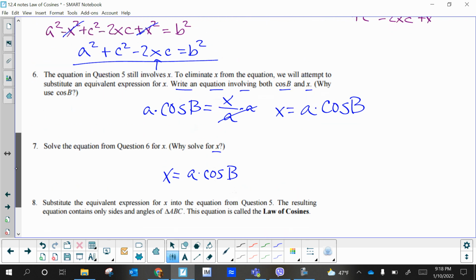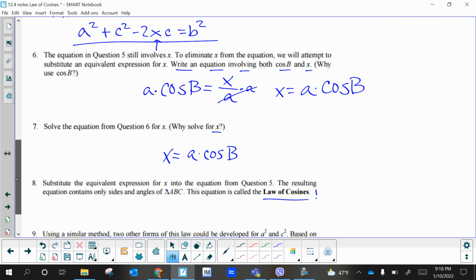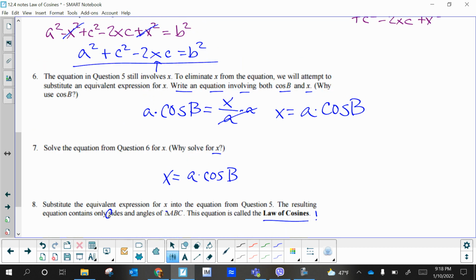I'm going to substitute it into the x for this equation in step 5. So it says substitute in step 8 the equivalent expression for x into the equation for step 5. The resulting equation contains only the sides of triangle ABC. This equation is called the law of cosines. There it is. So here we go. So I have a squared.